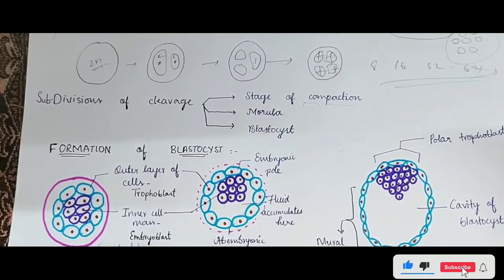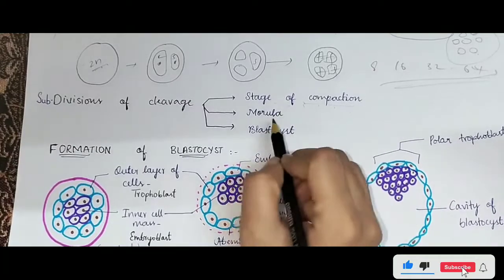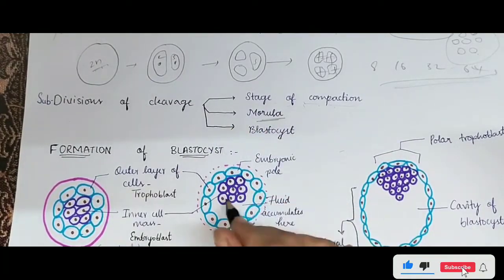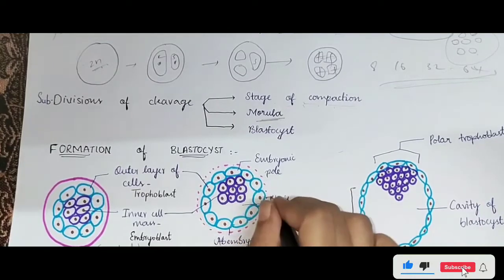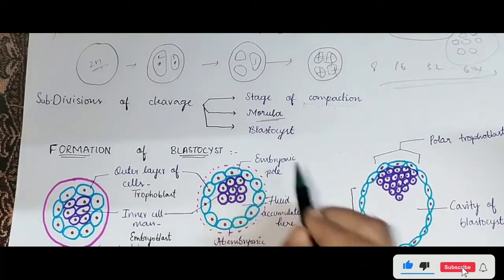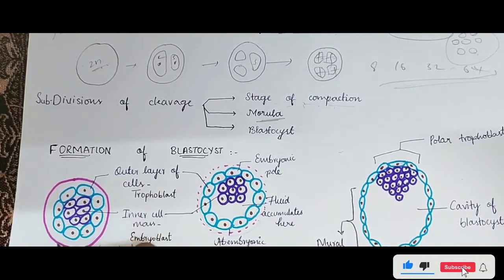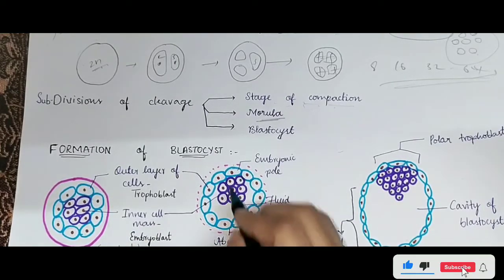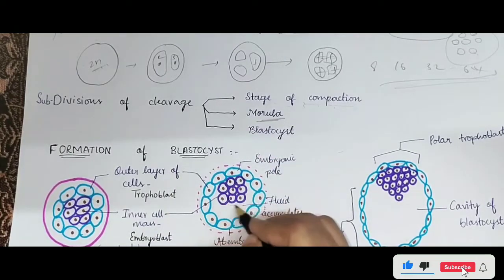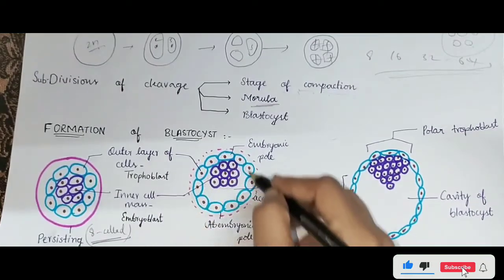Later on, what is morula? Morula is a mulberry-shaped structure, which means here we have a 16-celled embryo. There is a zona pellucida intact, but while coming to morula, the zona pellucida starts disappearing. The cells are divided into two layers: this is the inner cell mass and this is the outer cell layer.